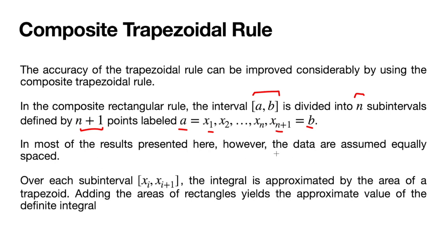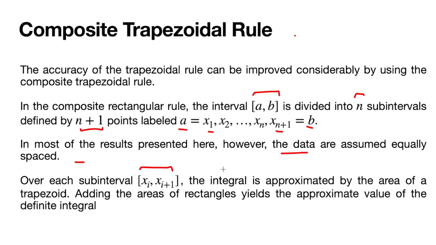Normally we use equally spaced data, but you can also use varied spaced data. We will calculate between these intervals. For every interval we will have one trapezoidal rule.